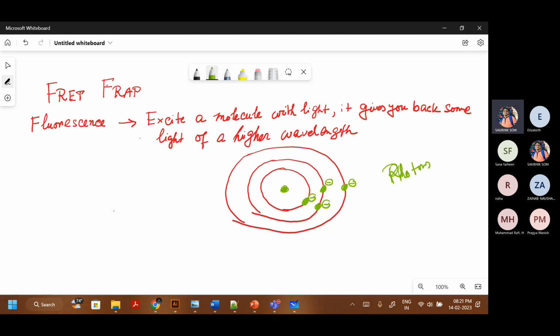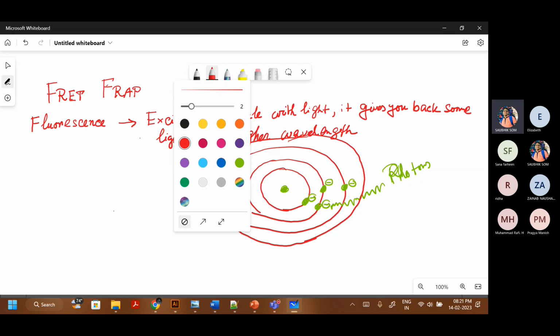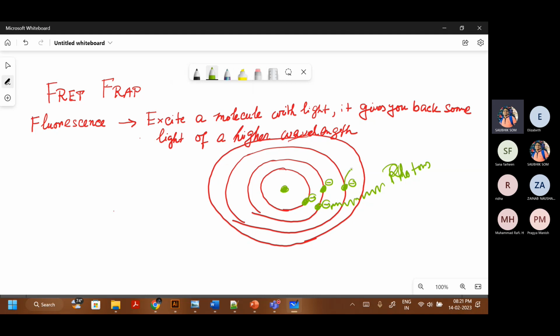Photons have some energy. So when you give energy to it, if I just draw one more shell here, some electron from the outermost shell jumps to this shell.